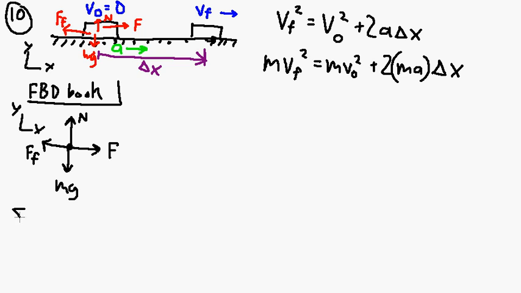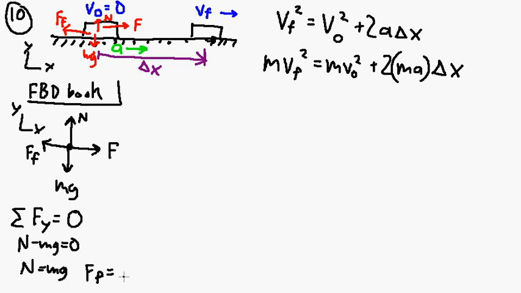Now, if we do the sum of forces in y, it's not going up or down, so the sum of forces in y is 0. Normal force minus mg equals 0, so normal force equals mg, which means force of friction equals mu k times N equals mu k times mg.